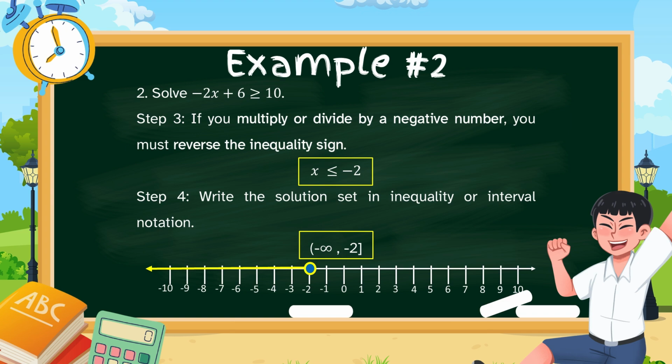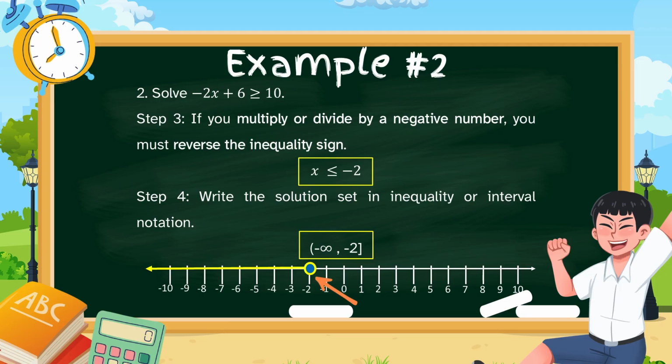Now for step 4. Write the solution set in inequality or interval notation. The solution x is less than or equal to -2 means all numbers that are -2 or smaller. Let's look at the number line. Notice the circle at -2 is filled in, a closed dot. This is because of the or equal to part of the less than or equal to sign. The number -2 is included in the solution set.